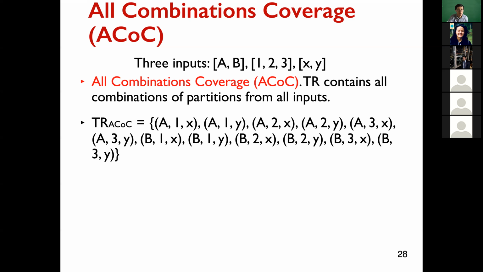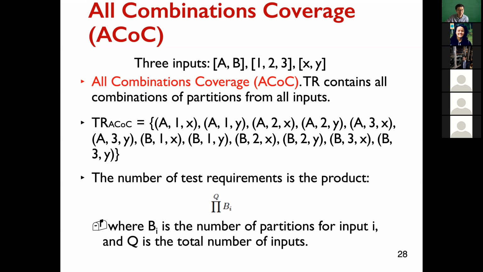So we have this number of test cases. Here we have 12, right? Because the first input has 2 values, the second input 3 values, the third input 2 values, 2 times 3 times 2, it's 12.